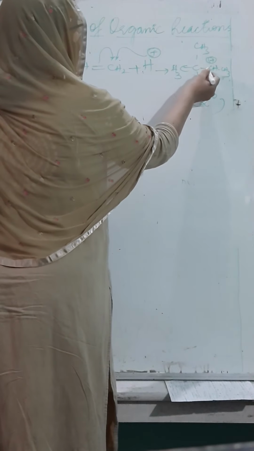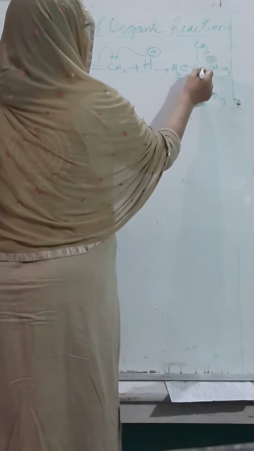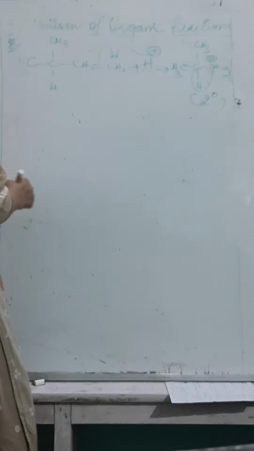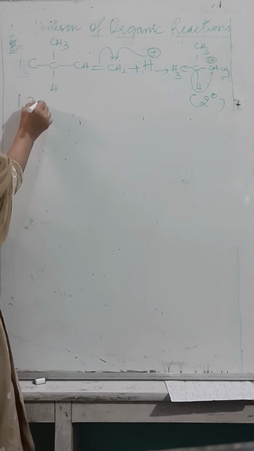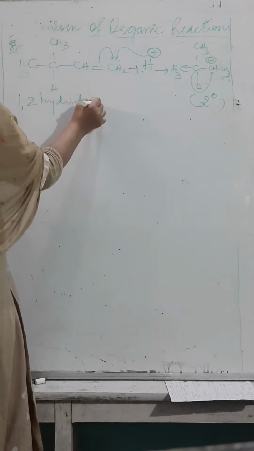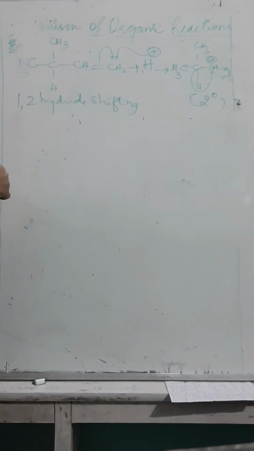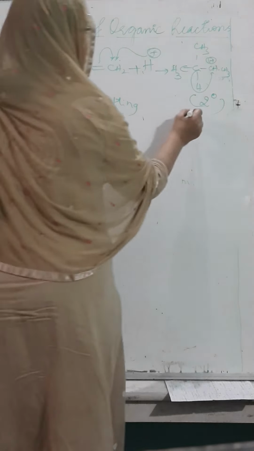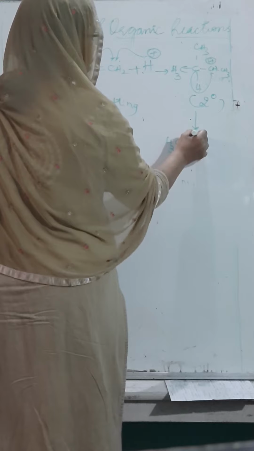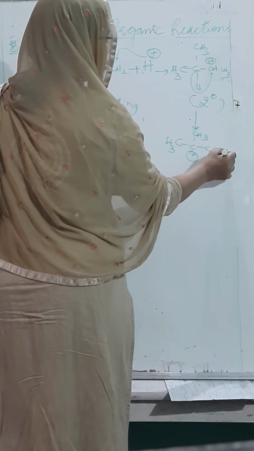It is possible that the adjacent carbon atom containing two alkyl groups can be converted into tertiary by shifting of a hydrogen. It is called 1,2 hydride shifting, where we get a tertiary carbocation, CH2, CH3.